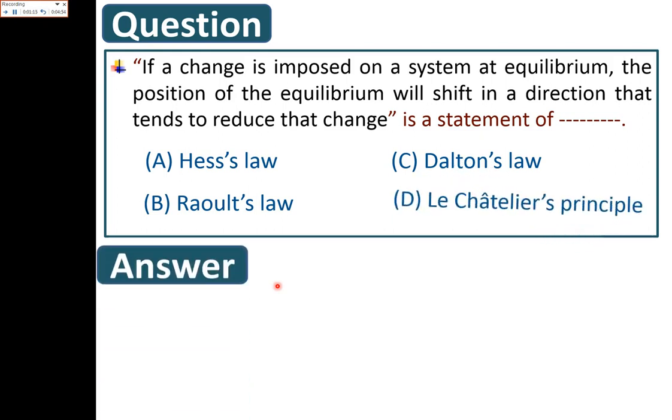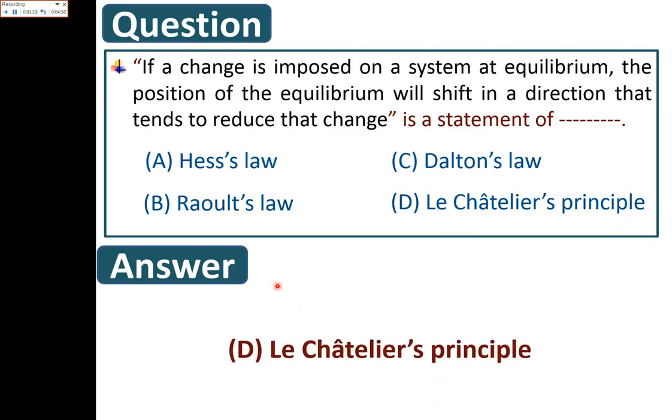So the answer will be, of course, Le Chatelier's principle. So this is one of the questions that is asking about the statements that you have taken in that course. This is the Le Chatelier's principle that we studied in the chapter of equilibrium.